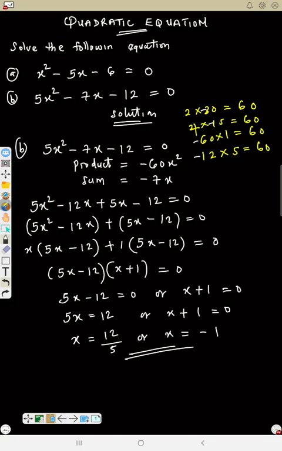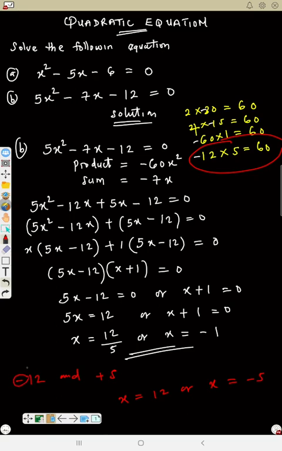Now if we use the short method here, we'll see that the two factors we use are minus 12 and plus 5, as in those are the two factors we use. Now I said you will change the sign. This minus will change to plus, so s will be equal to 12 or s is equal to 5. The sign here is plus, it will now change to minus, or s is equal to minus 5.